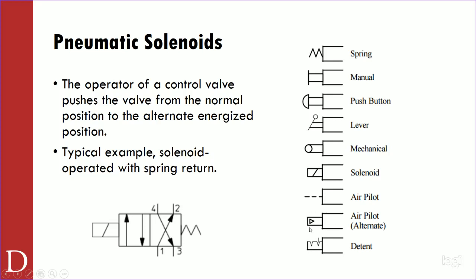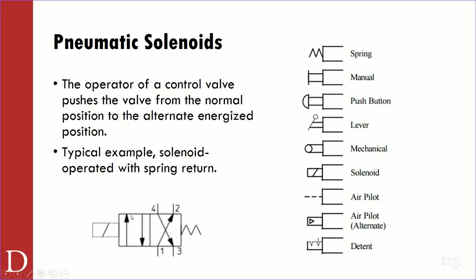There's another version of an air pilot, and then there's a detent. This one down here is the most common one you're going to see, and it's the one we're going to use tonight, so you're definitely going to see it. How many ways and how many positions on this valve? 4-way, 2 positions. I count the number of ports. I look at the number of blocks, right? So I can see the 1, 2, 3, 4.